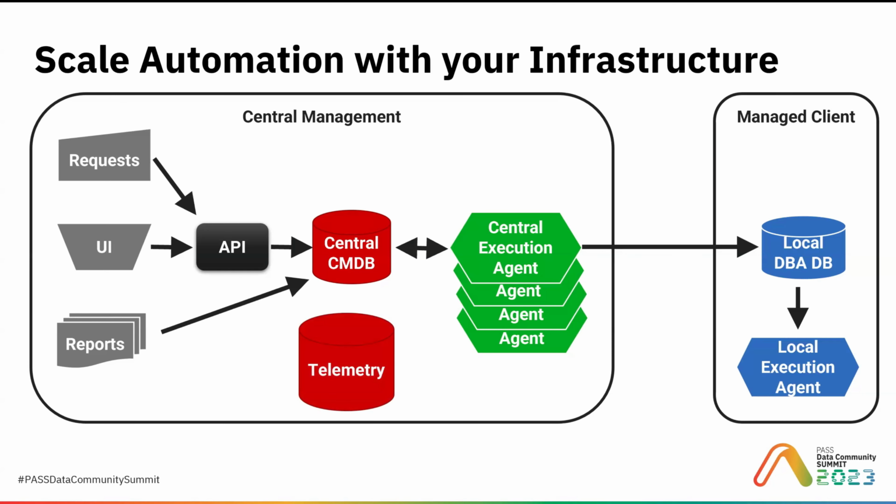Thing is, and what I usually do when I need to scale out, I separate the central CMDB to only have configuration requests and settings and the current state in it, while all the collected data that I collect from the system gets into its own, I call it telemetry database.